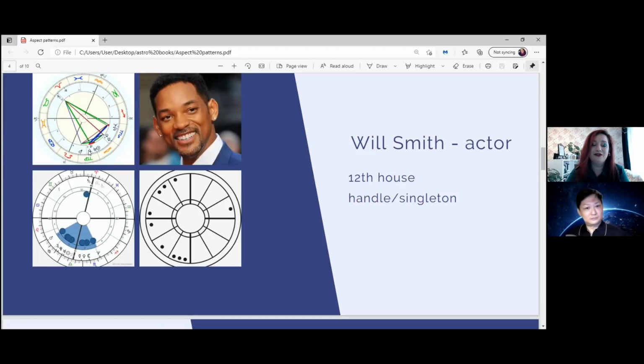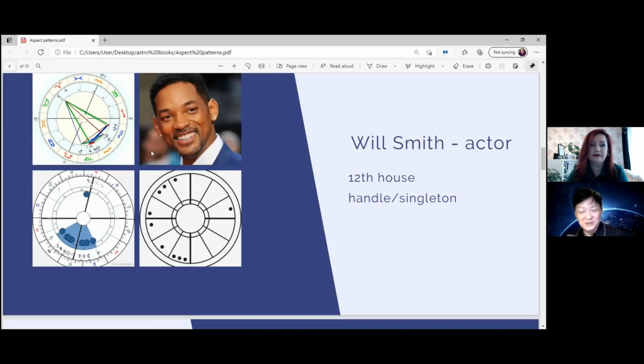And we can also see that part of this chart is a yod, a sextile with two inconjuncts. I think it's also called the finger of God.